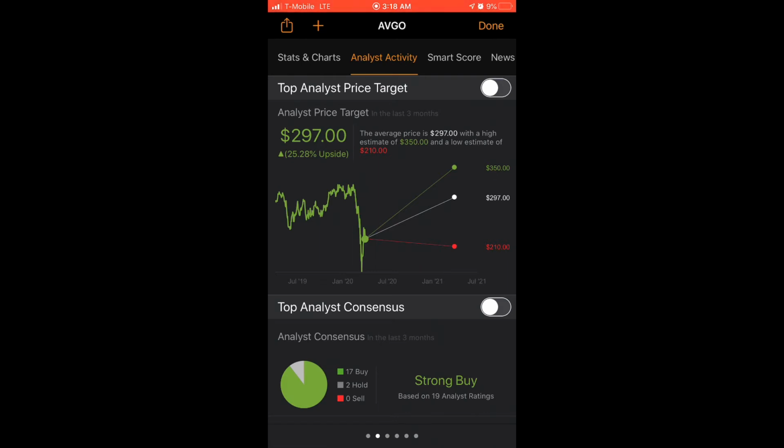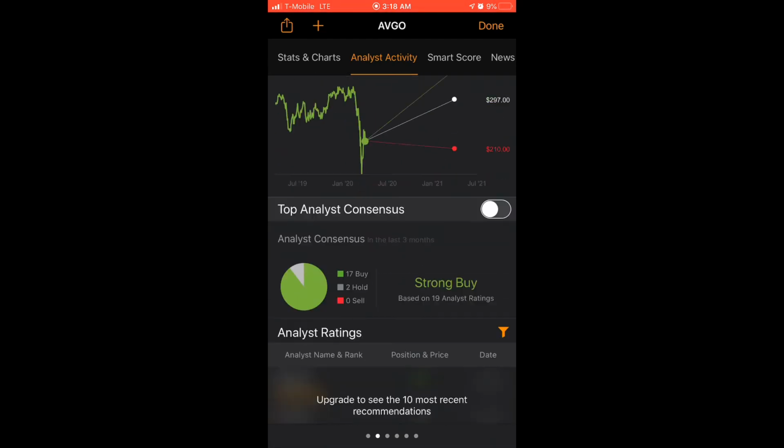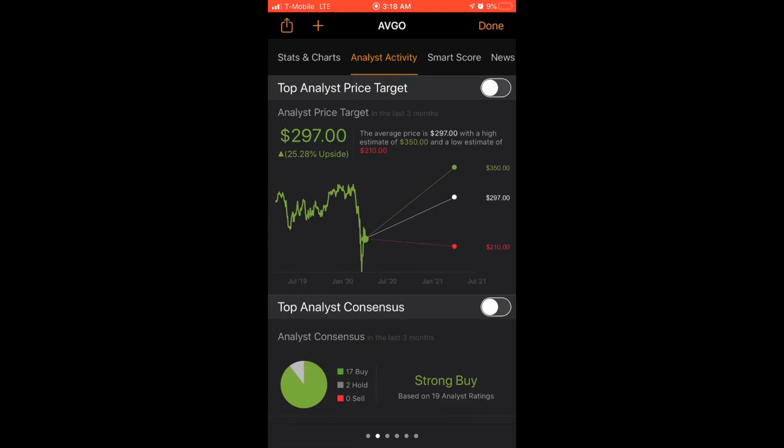So then you take 297 or 291, and then you apply your margin of safety to that. So this is the quick way, if you feel lazy, if you don't want to spend time looking at EPS growth, or doing all the analysis and stuff.